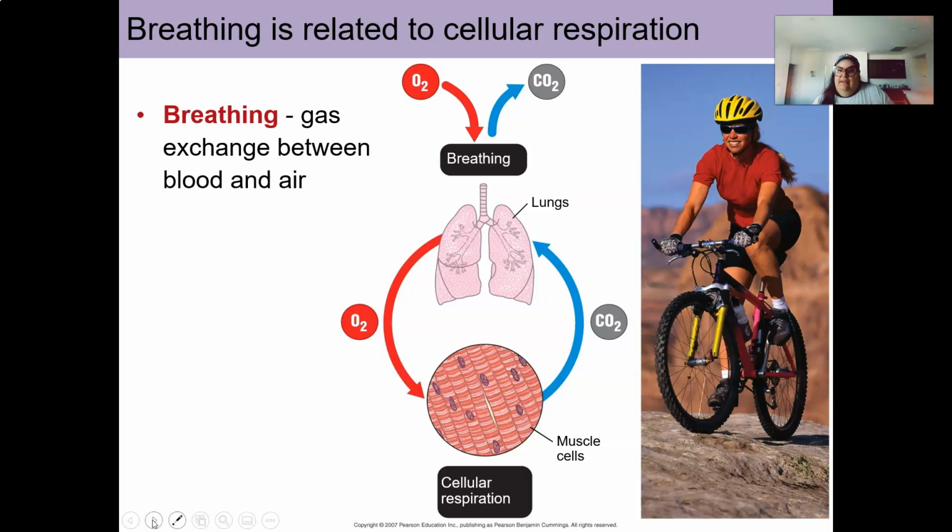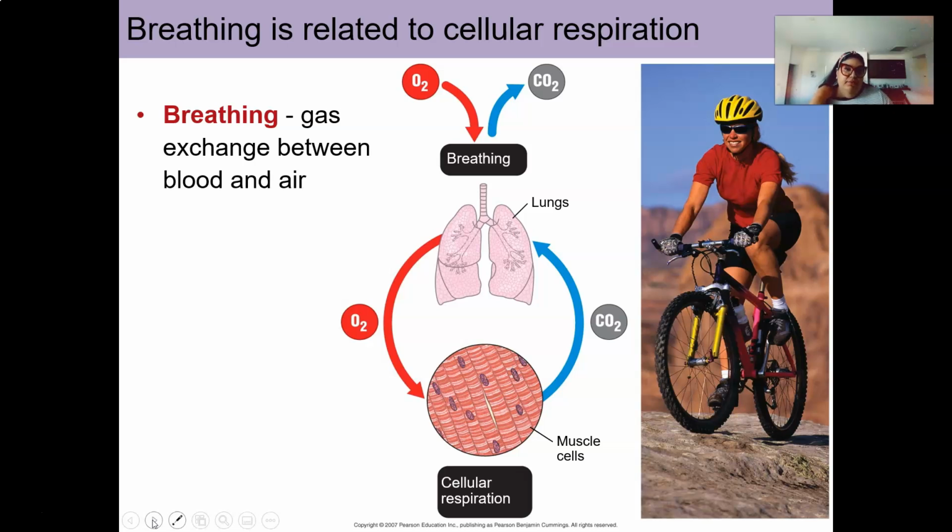So breathing is directly connected to cellular respiration. That's why it's called respiration, respiring, breathing. Are your cells breathing? Kind of. It's the gas exchange between blood and air.